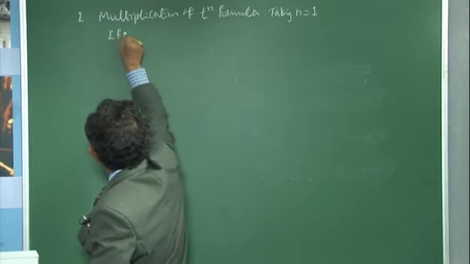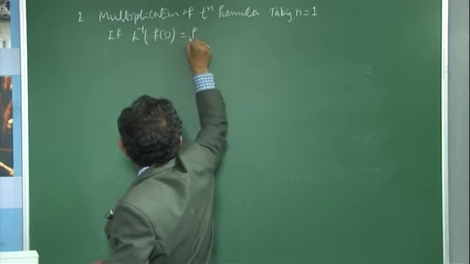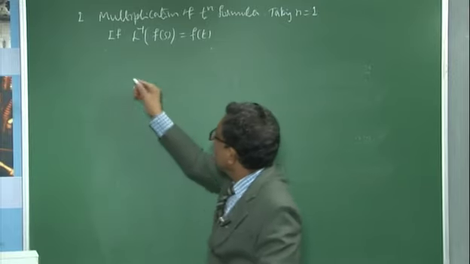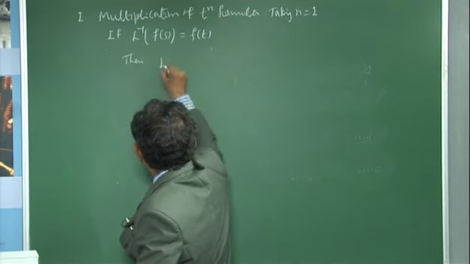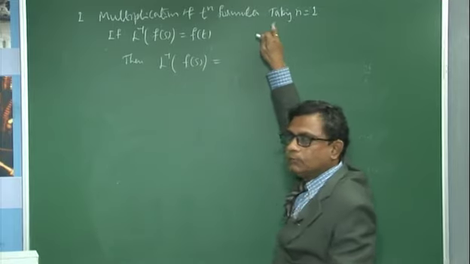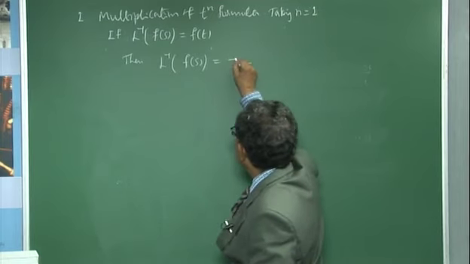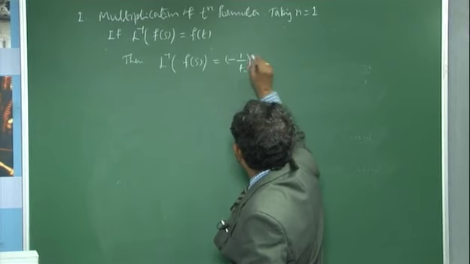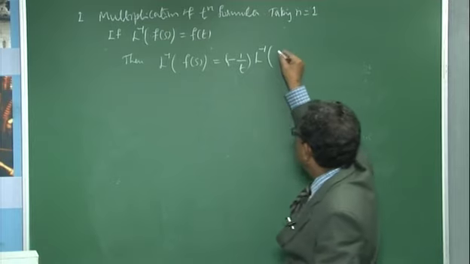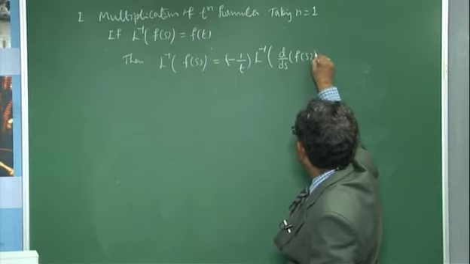If L inverse of f of s is f of t, then L inverse of f of s, by using the multiplication of t raised to n formula taking n equal to 1, it is minus 1 by t L inverse of d by ds of f of s.